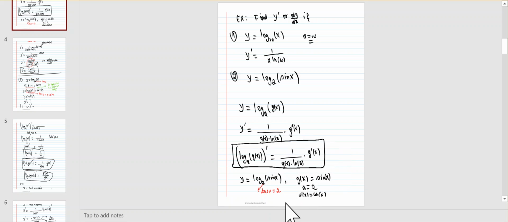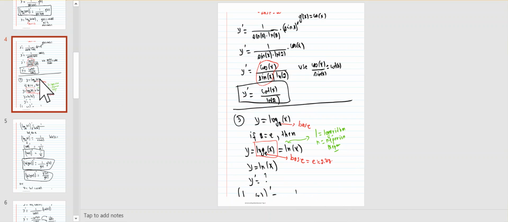In our case, the base a is 2. The function g of x is sine of x. So we need the derivative of sine of x, which is cosine of x. That's why we end up with 1 over sine of x times ln of 2, times the derivative of sine of x, which is cosine of x.